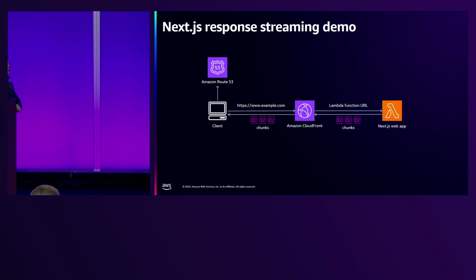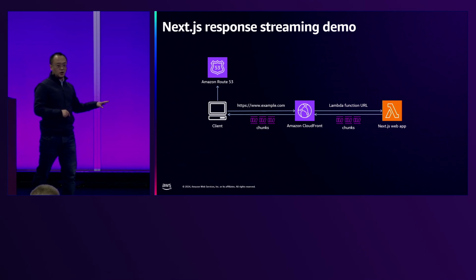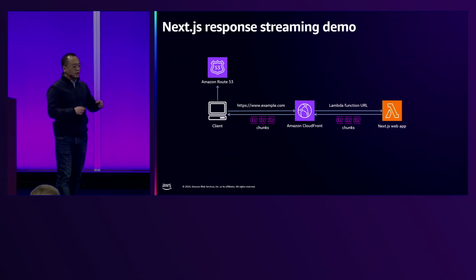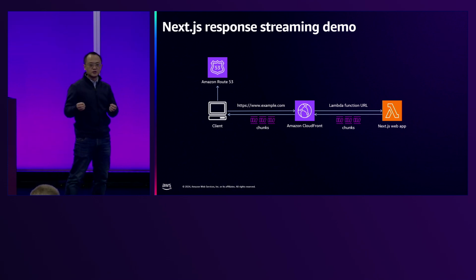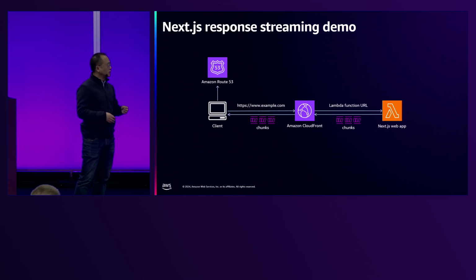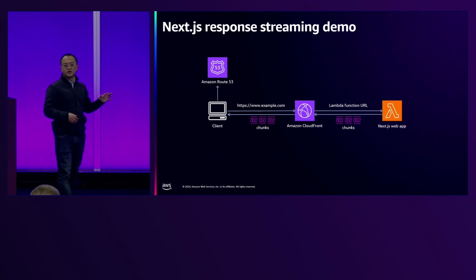So this is the architecture that you just saw in the demo. We have a Next.js application packaged in Docker with a web adapter attached and with a streaming response enabled, through the function URL. And we put CloudFront in front of it, with the custom domain name to access it.